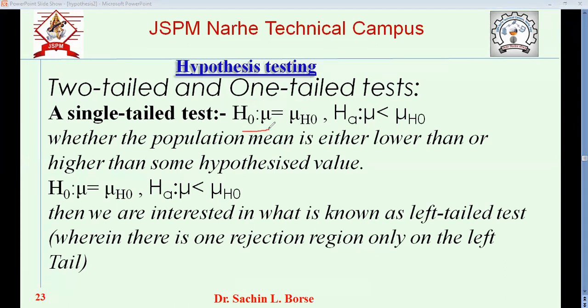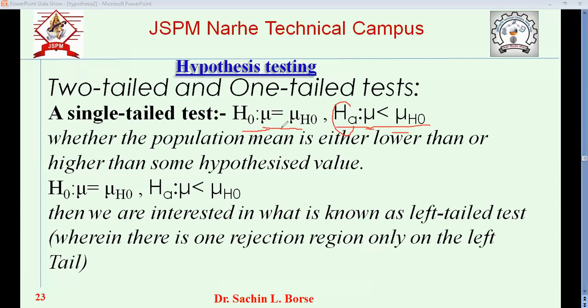So for the null hypothesis, mu is mu h0, and the alternative hypothesis is mu is less than mu h0. So this is a single tail test.